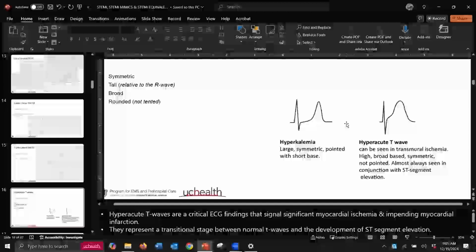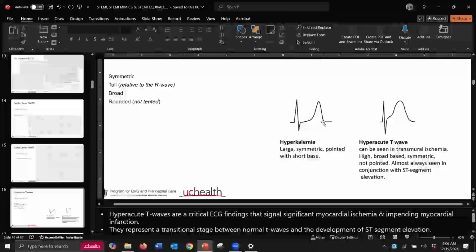It's broad, it's wide, and it's typically associated with a little nondescript ST depression. It can be elevation as well. Versus hyperkalemia, which is a narrow-based, peaked T wave, and it's tented. See the difference, not necessarily in the amplitude, but in the peak of it, where the hyperacute T wave is more broad than hyperkalemia.